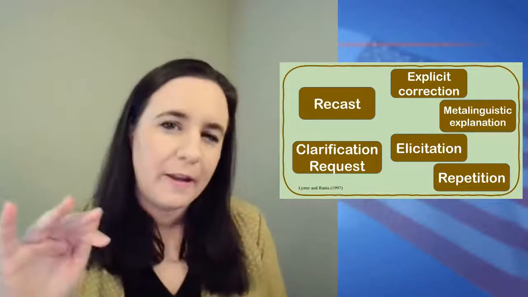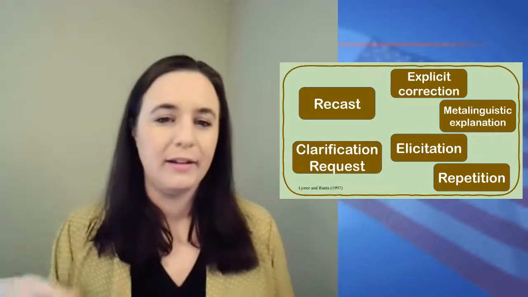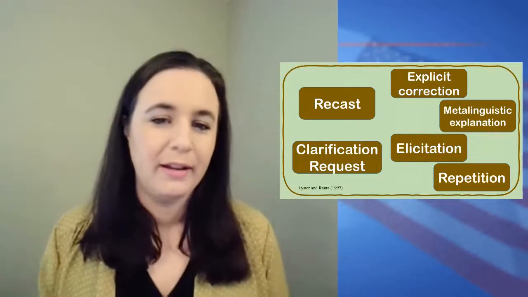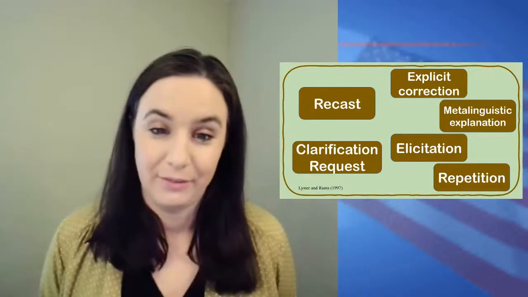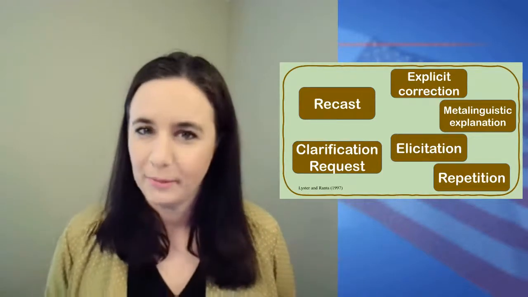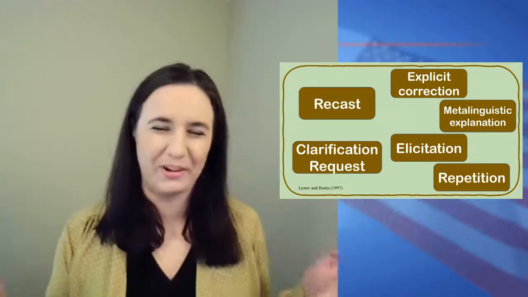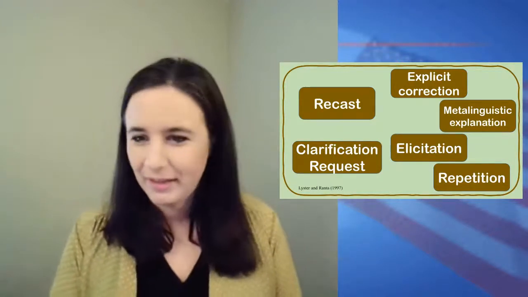I'm going to borrow their 6 categories: recast, clarification request, explicit correction, metalinguistic explanation, elicitation, and repetition. Now that was a mouthful. Those were a lot of words, but we're going to break down examples of all of these.